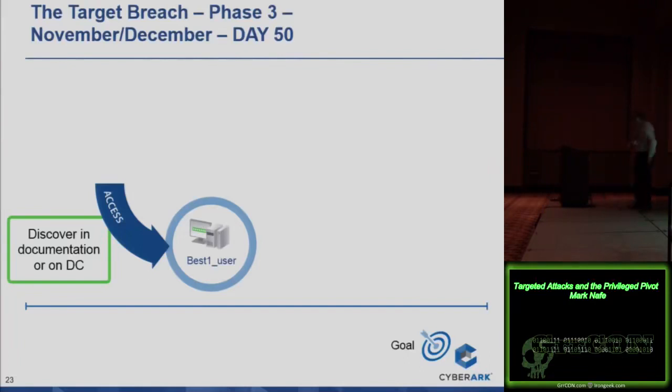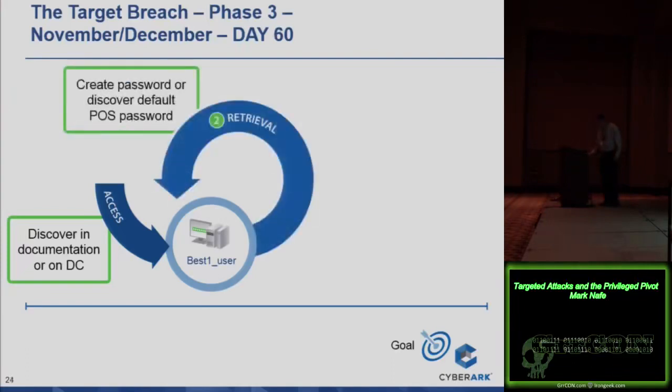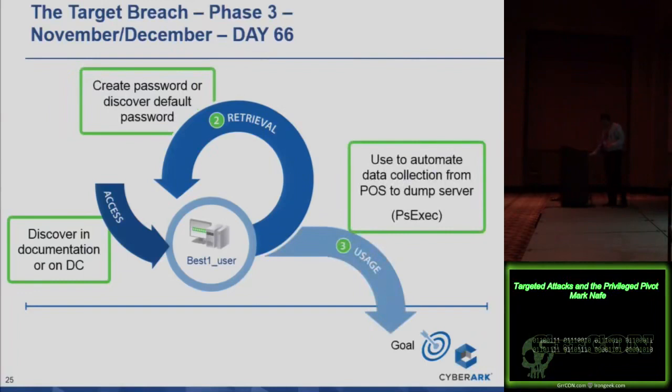Essentially they got this account, again, focused on getting some form of account, getting a password that leverages the whole system that I can get access to. They got the account, they created a password, either way. And at that point, they are going to automate a data dump.